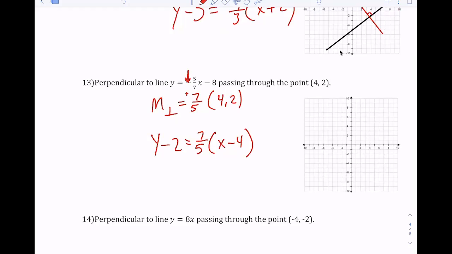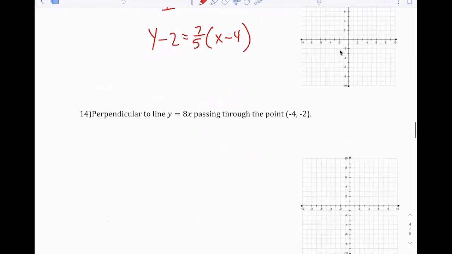But you have to know what I'm talking about. If you don't, then you do a little bit of extra practice. All right, Sienna, number 14, what would be the slope of the perpendicular? What's the slope of this line right here?